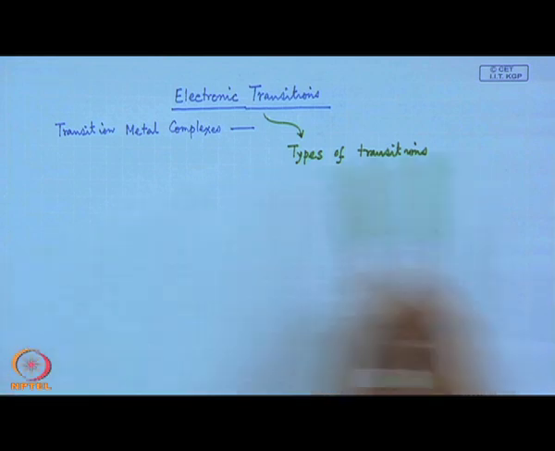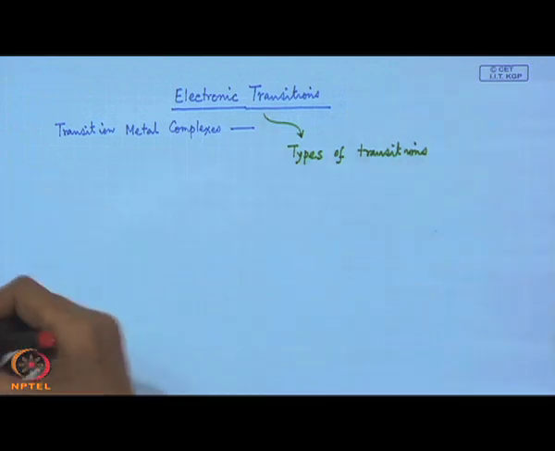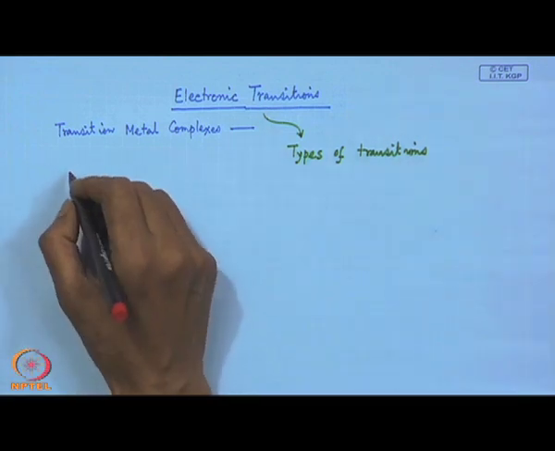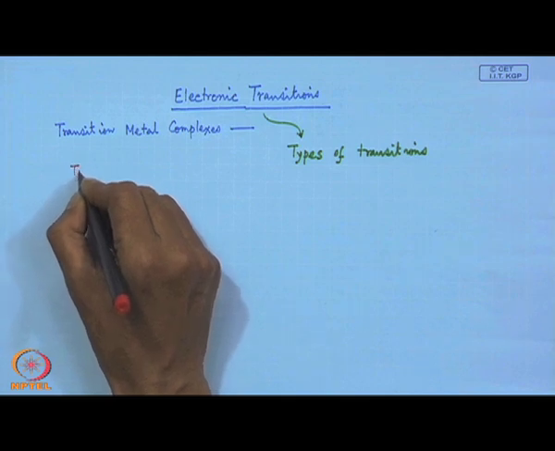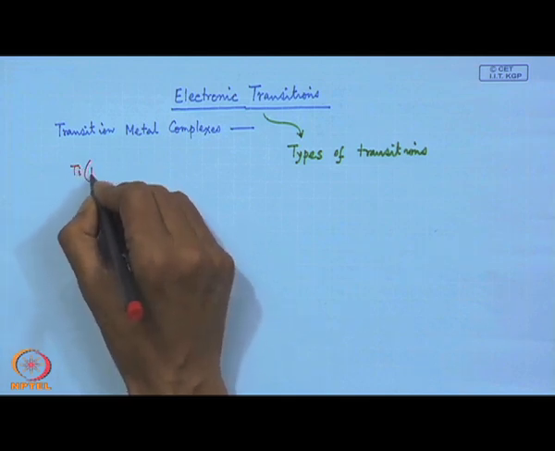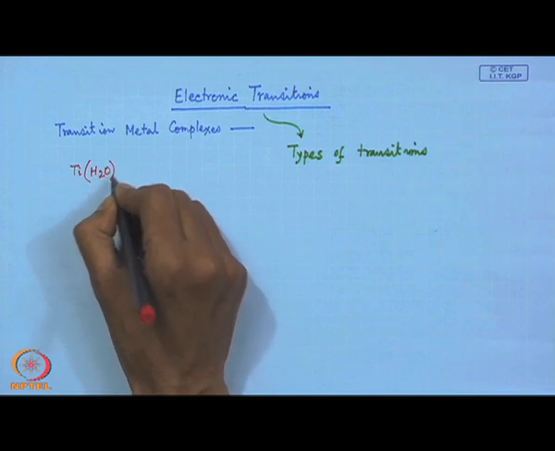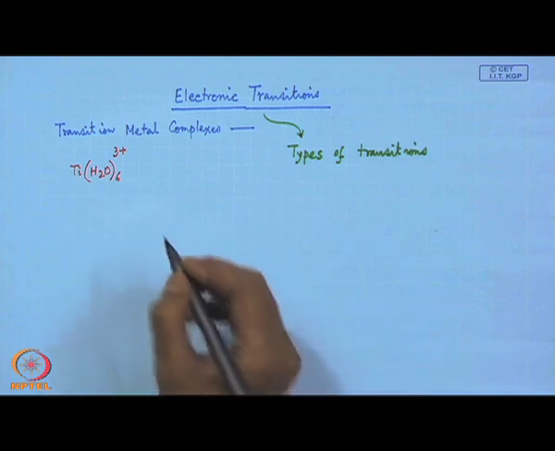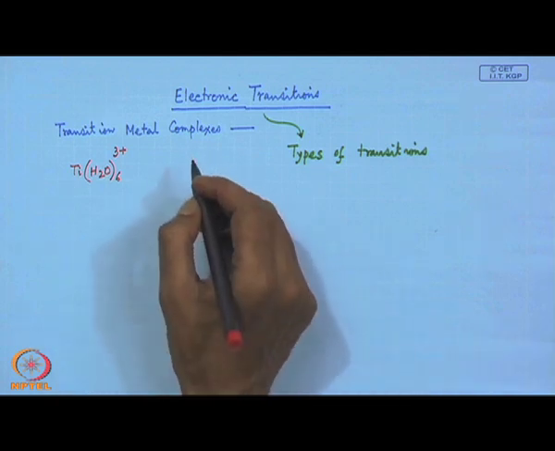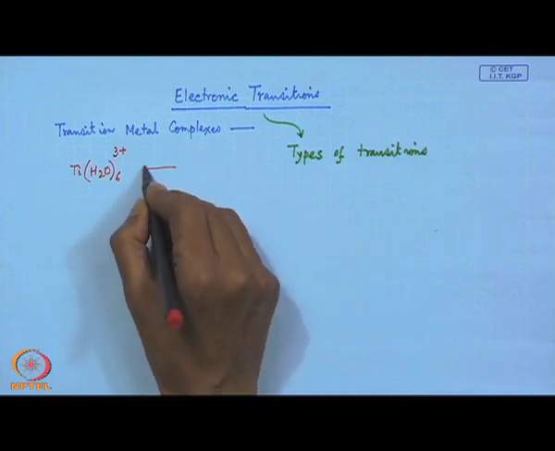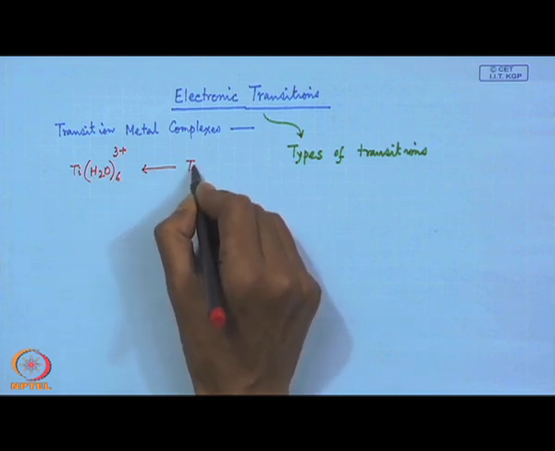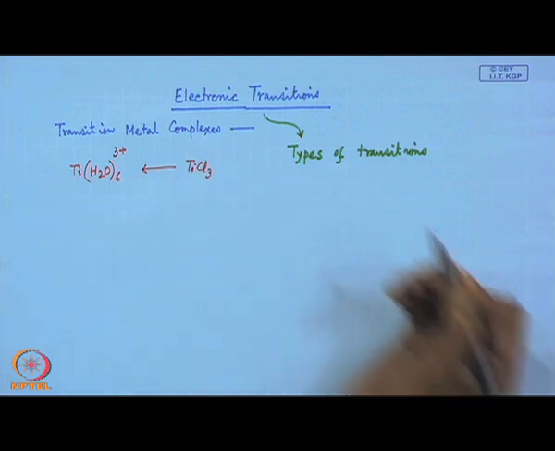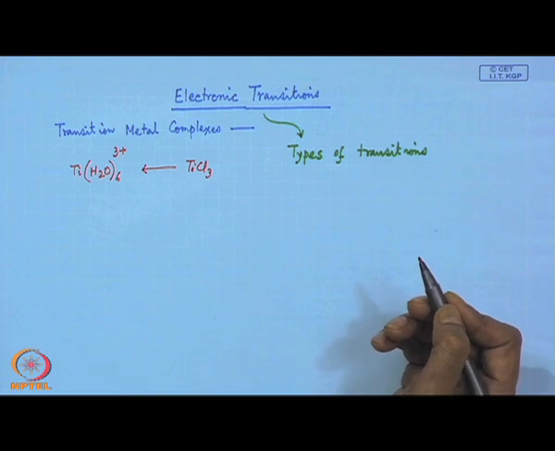and if we consider several such species, including the metal salt which we can dissolve in water to get the corresponding species immediately, such as hexaaquatitanium(III) ion, which can be derived very nicely from the titanium chloride salt.